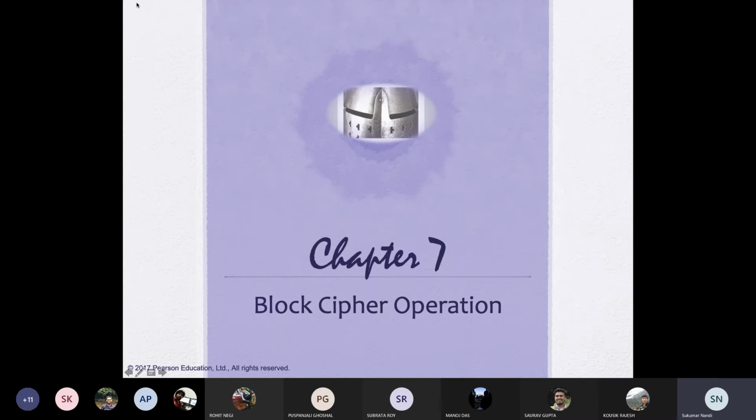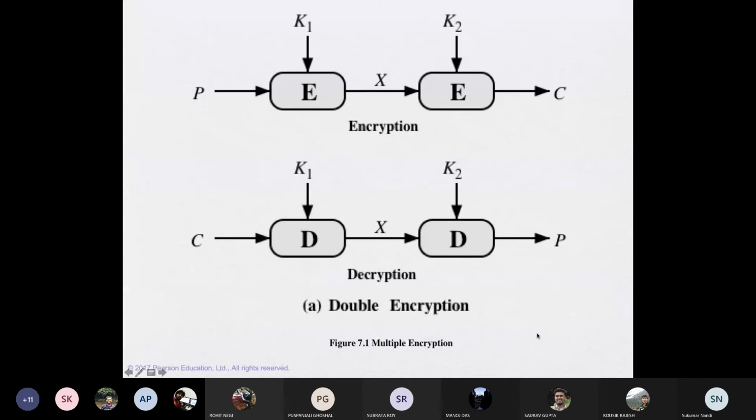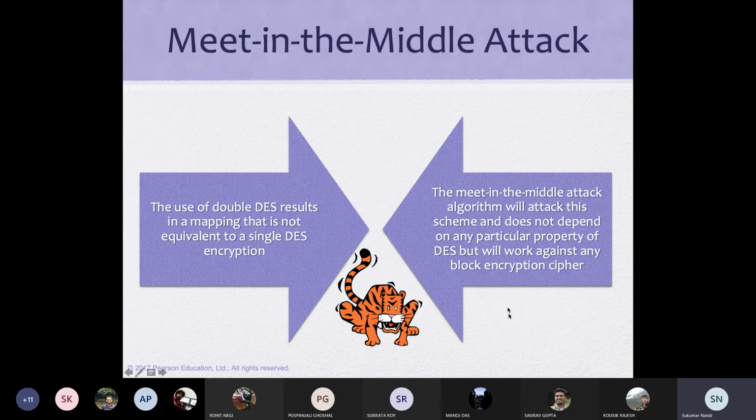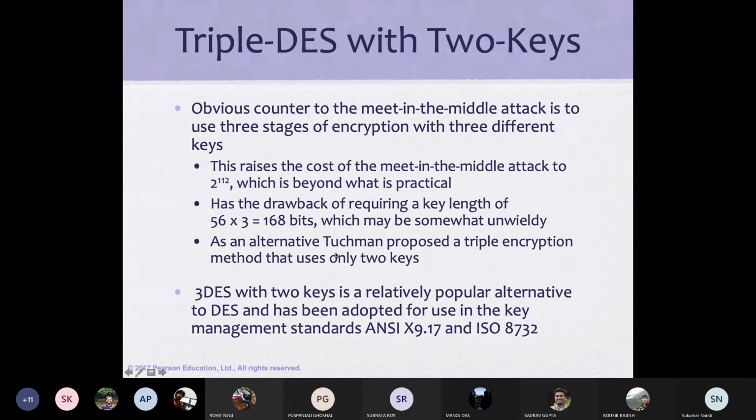So we'll reach the scenario of how a block cipher can be used, where it will be used, and how it will be used. In this, double DES I have already mentioned in one of my discussions, and I told that a meet-in-the-middle attack is possible on double DES.